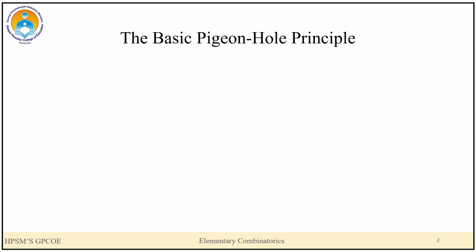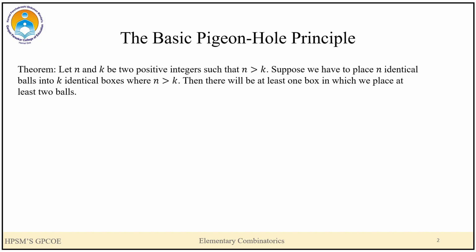So this is the statement that we will see, but we won't be making use of the words pigeons and pigeonholes. Instead of the word pigeon, we will make use of the word ball, and instead of pigeonholes, we will make use of the word box. So let us look at the statement. Let n and k be 2 positive integers such that n is greater than k.